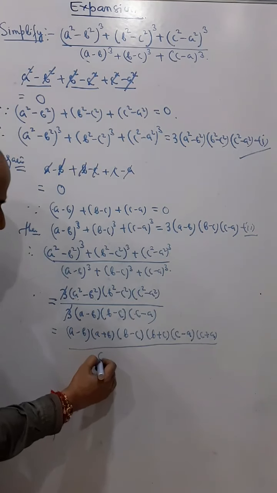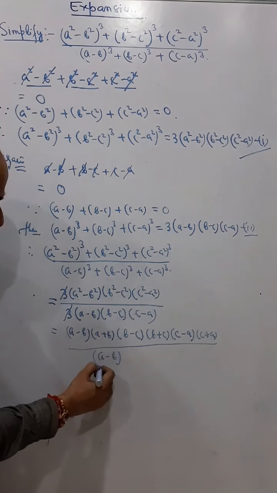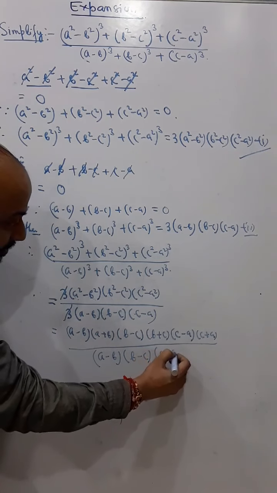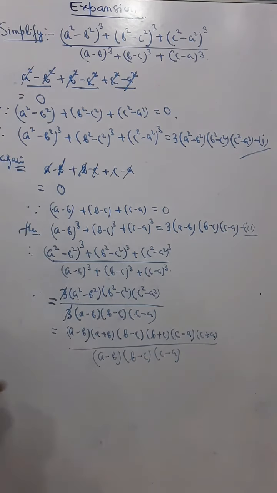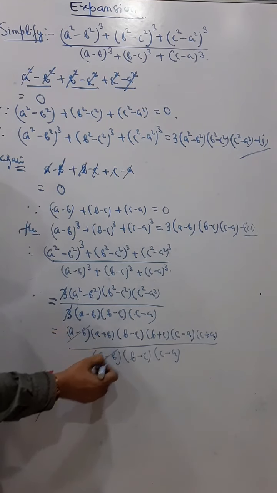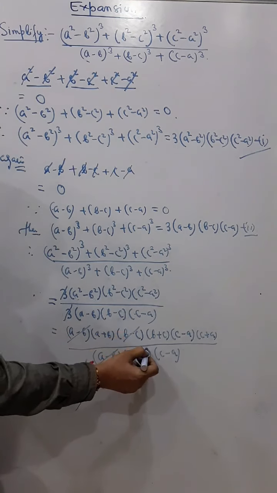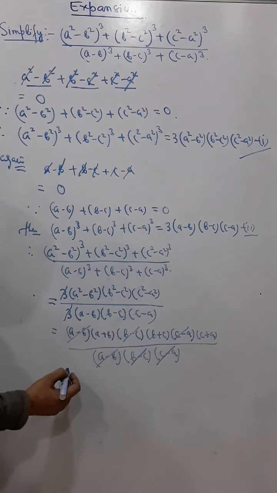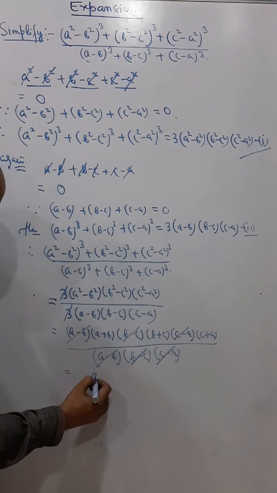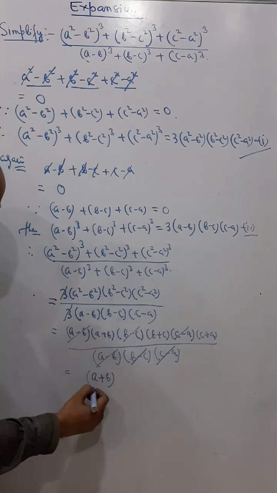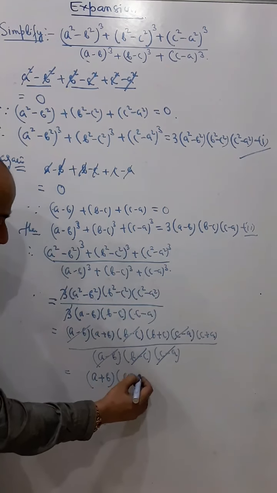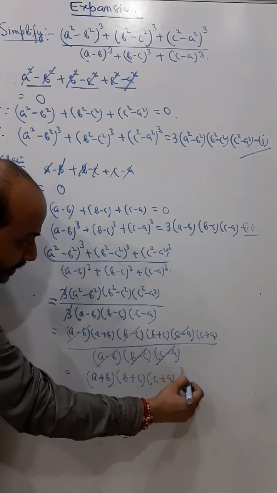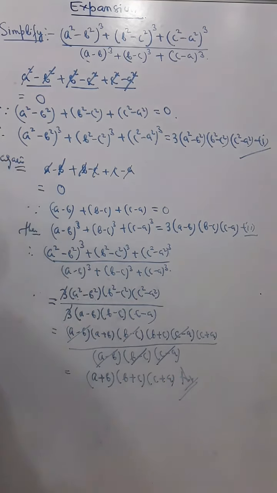Then we cancel the respective terms: a minus b, b minus c and c minus a get cancelled, and my final answer is (a plus b) into (b plus c) into (c plus a), and that is the answer.